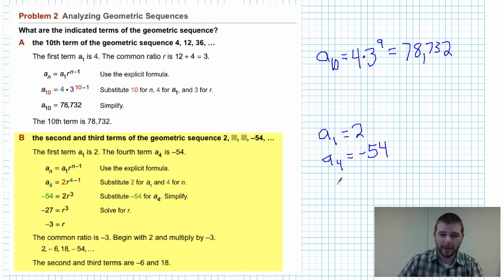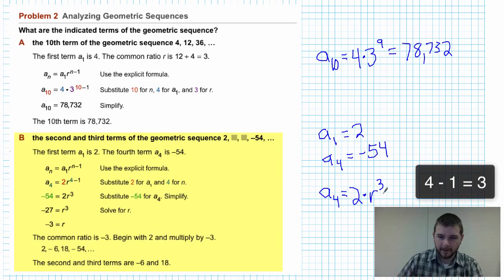So substituting what we know into the same equation we used before, a sub n, we'll call that 4 in this case, will equal our initial value, 2, times our common ratio. That's the unknown value we're trying to solve for, so we'll just leave that as the variable r, raised to the n minus 1 power. Our n value again is 4, and 4 minus 1 is 3.